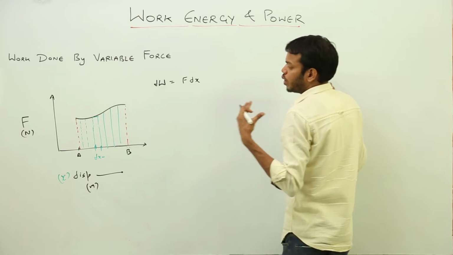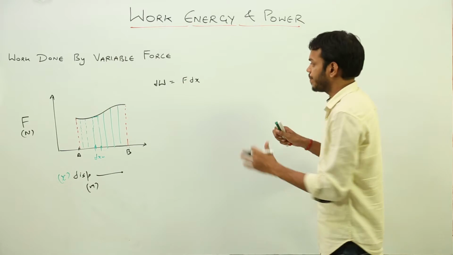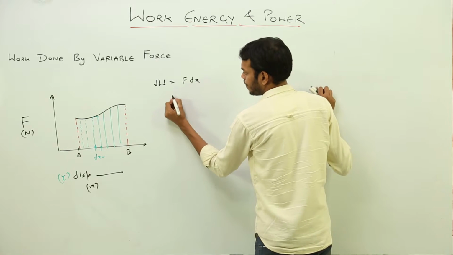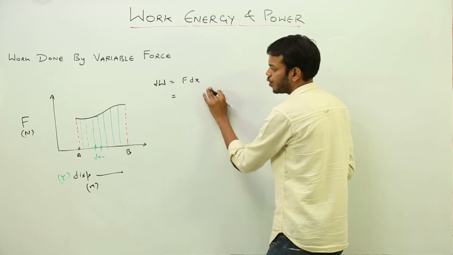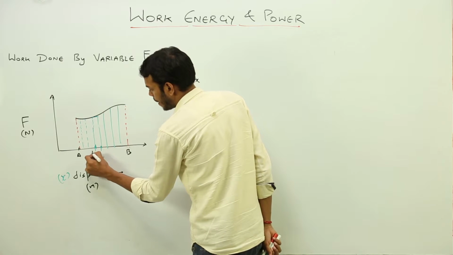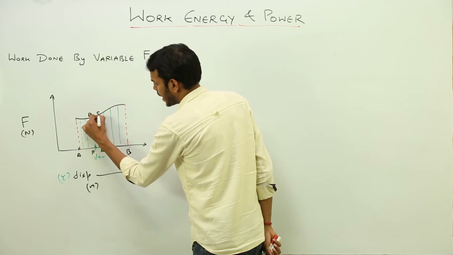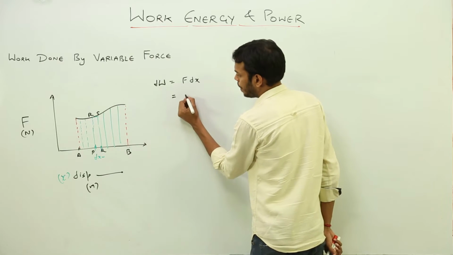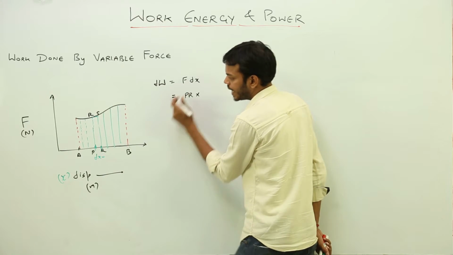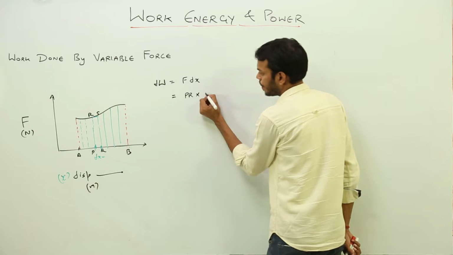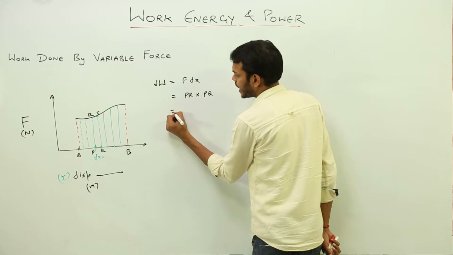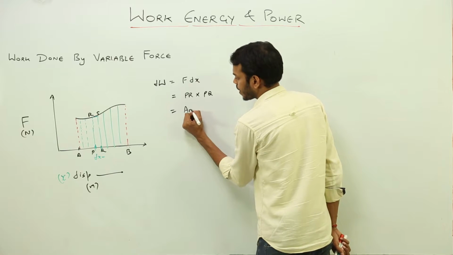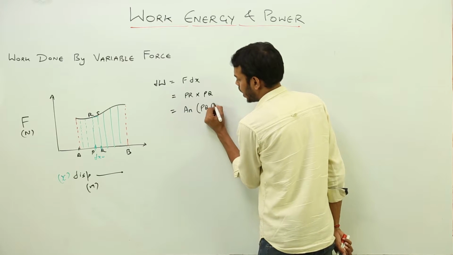Before going into the entire force, let's do some mathematics on this, F into dx. Here if I name the corners P, Q, R, S, that means F is this height, which is PR, and dx is this displacement, which is PQ. So ultimately this is length into breadth, which is actually the area of rectangle PQRS.